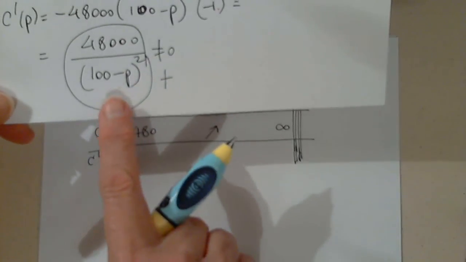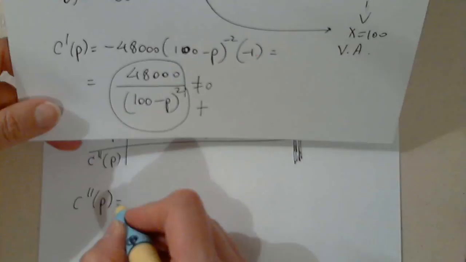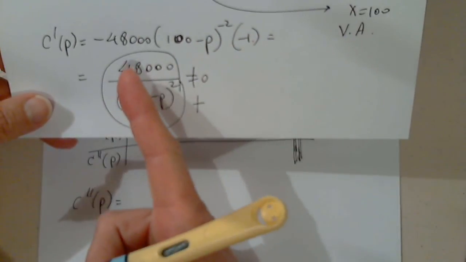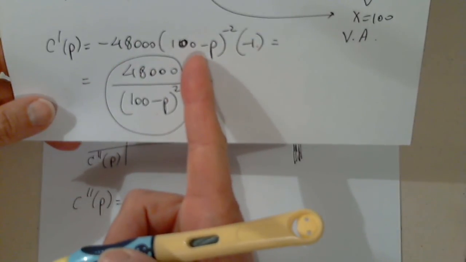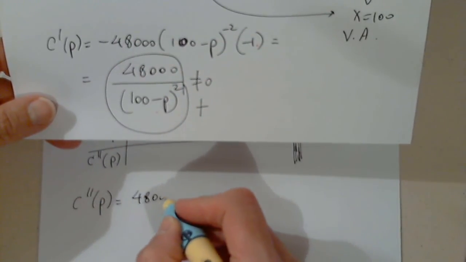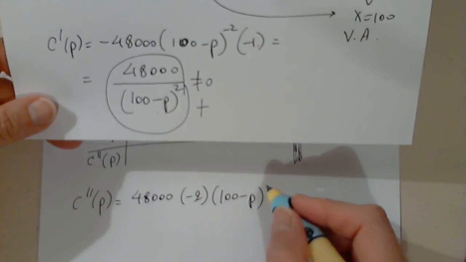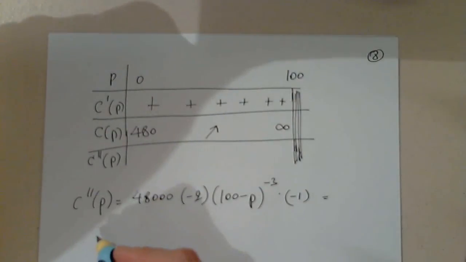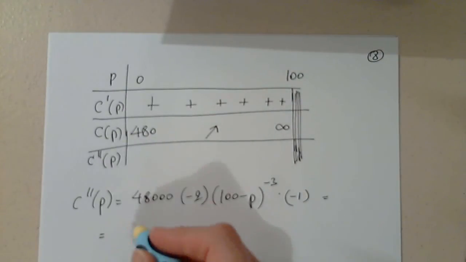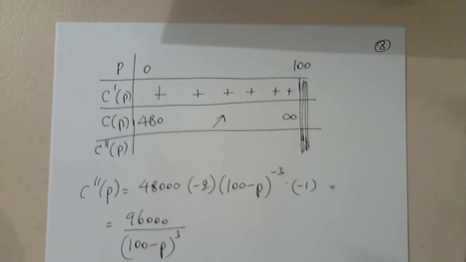Now, let's continue and find the second derivative. Let's see what the second derivative tells us. So I have 48,000 times this prime. So 48,000 times -2 times 100 minus p to -3 times the inner function prime, which is -1. So therefore we have 96,000 divided by 100 minus p to the third power.